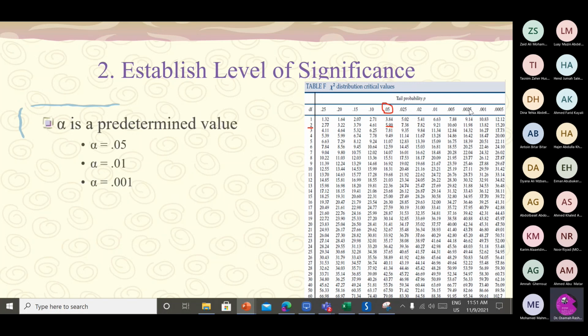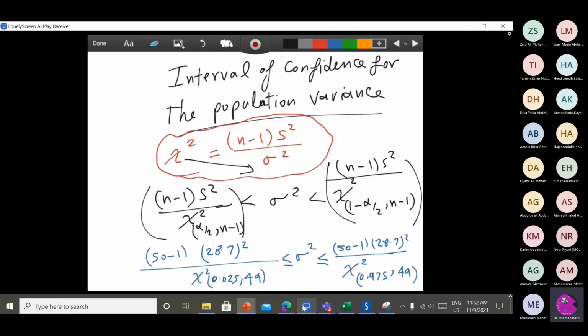Go down until you reach 50. So what is the value for 40? 69.7, right? And for 50 is 82.66. So what I'm going to do is add them together, right?